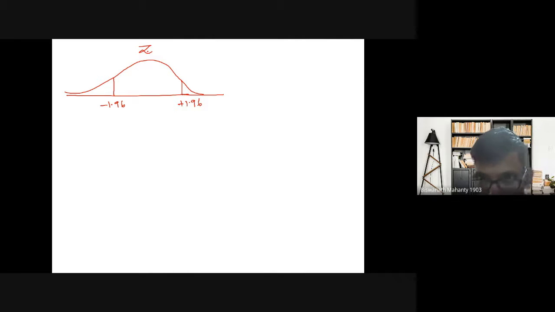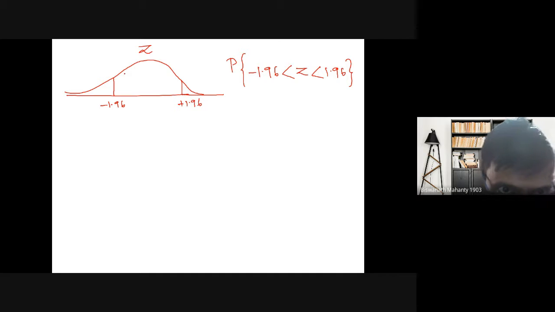So I'm asking the probability that minus 1.96 is less than Z less than 1.96. Probability of this means I'm talking about this area.